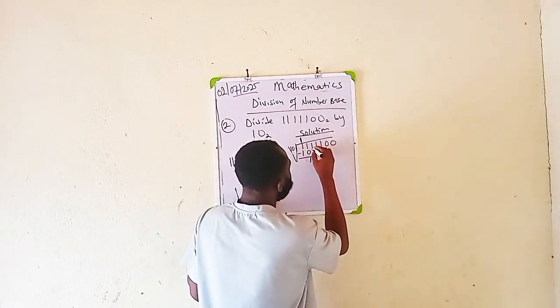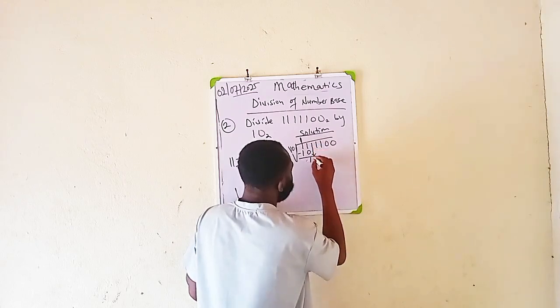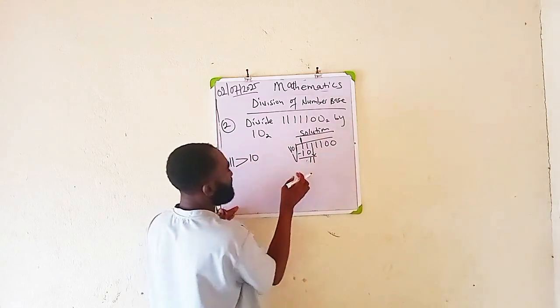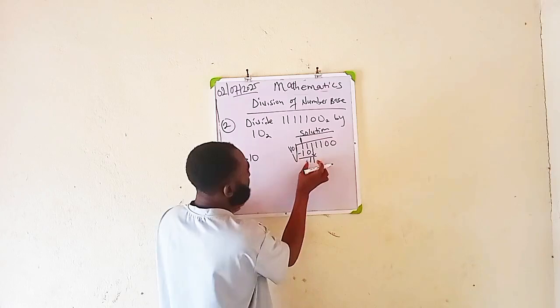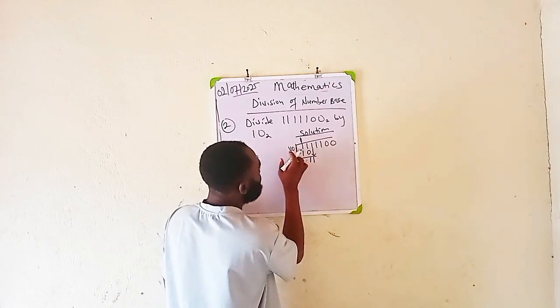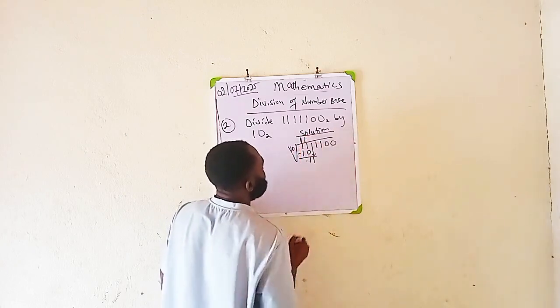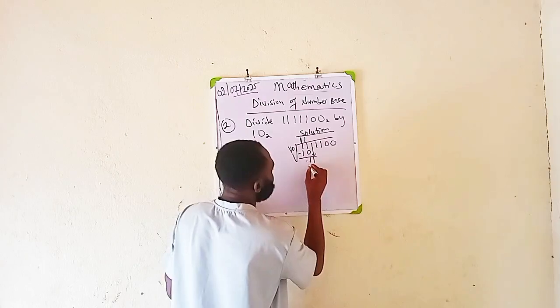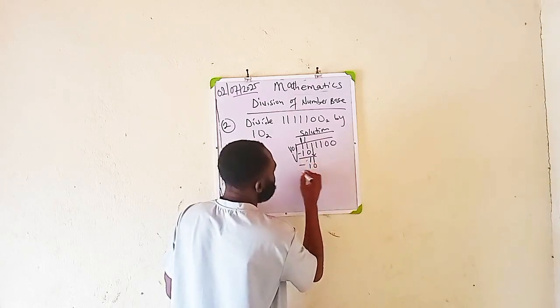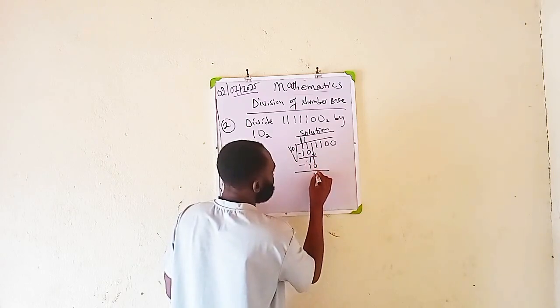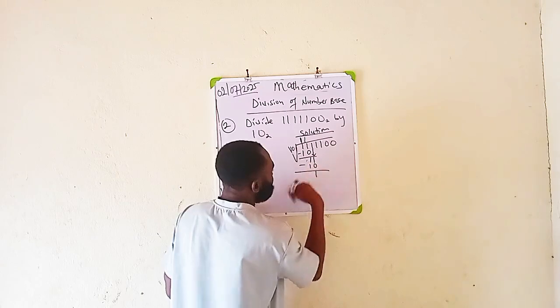So we push the third digit down. We compare it with this again. We know that 1 1 is greater than 1 0, and when we divide, we still have 1 again. 1 times 1 0 gives us 1 0. 1 minus 0 gives us 1, and 1 minus 1 is 0.